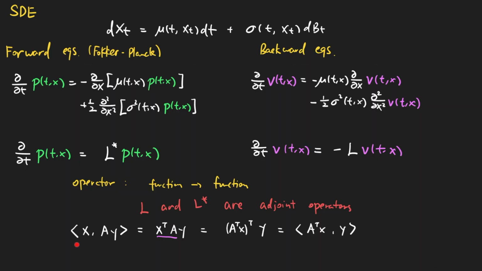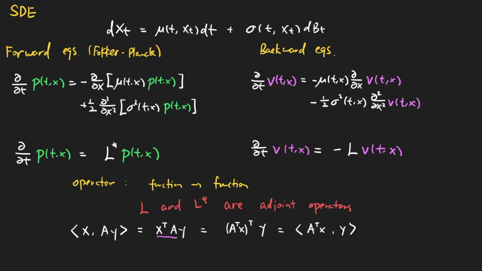So basically, in the context of the inner product, we can think of a matrix as a map that takes one vector y as input and outputs another vector. So if we want to move A to the first argument to combine with x, we need to transpose it.